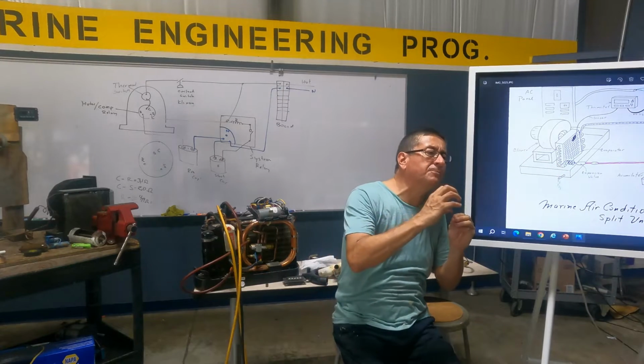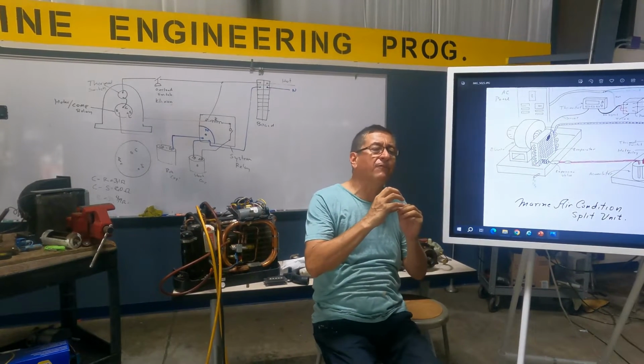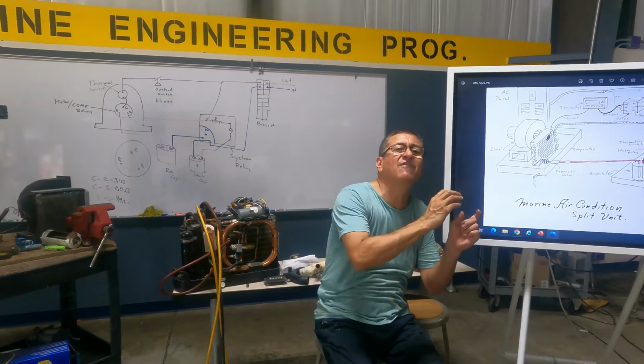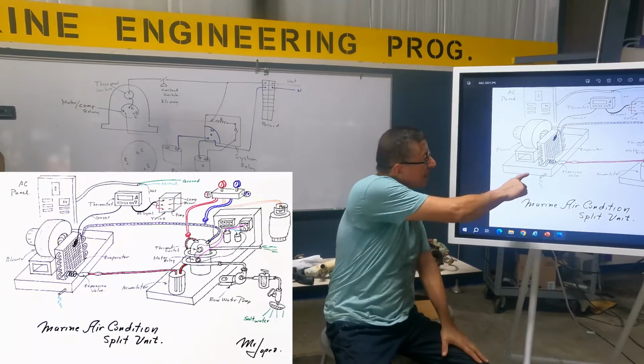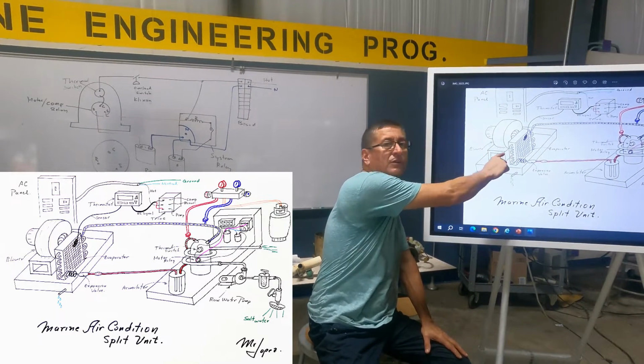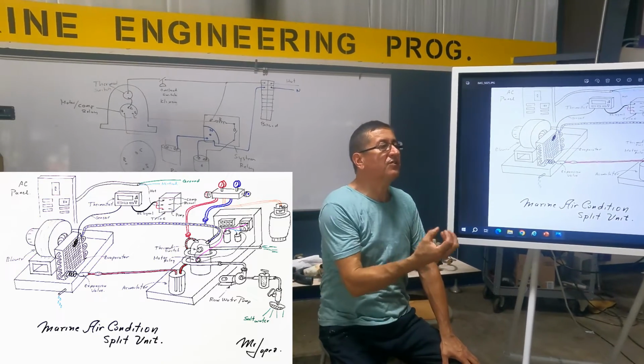Immediately after the expansion valve, after the capillary, it is liquid, but a couple of inches later it starts to evaporate. In other words, in the bottom of this radiator the process of evaporation starts.